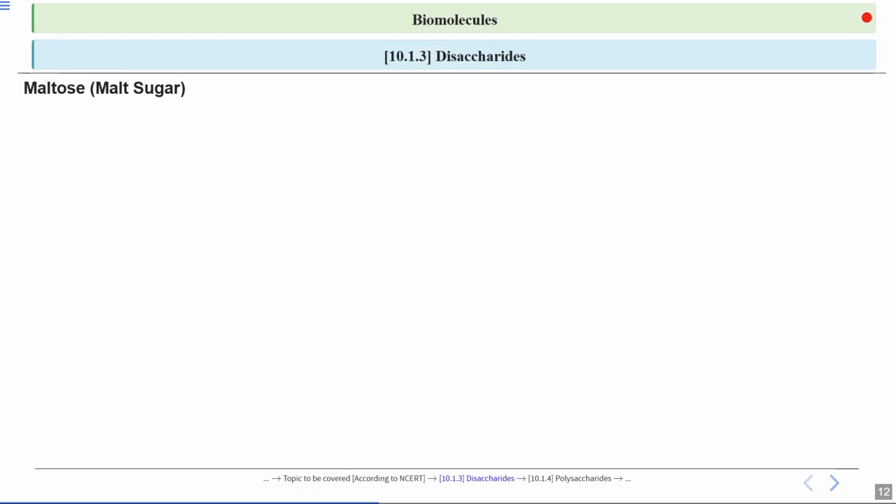Now we will talk about maltose, which is also known as malt sugar. Look at its key points. First, notice that maltose forms when two glucose molecules join together. The process is called condensation, where a water molecule is removed as two glucose units combine.